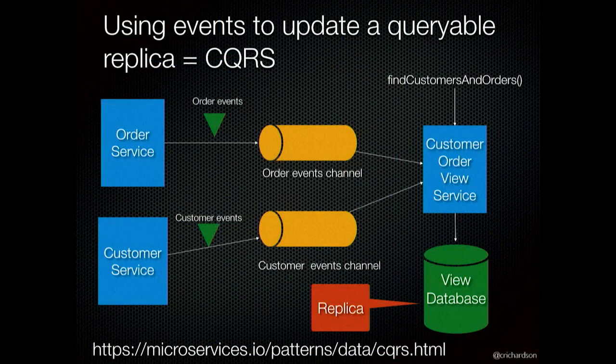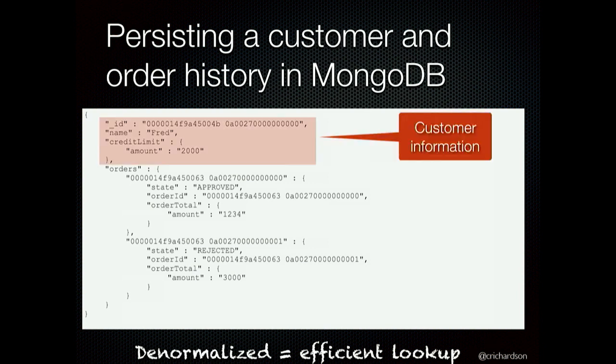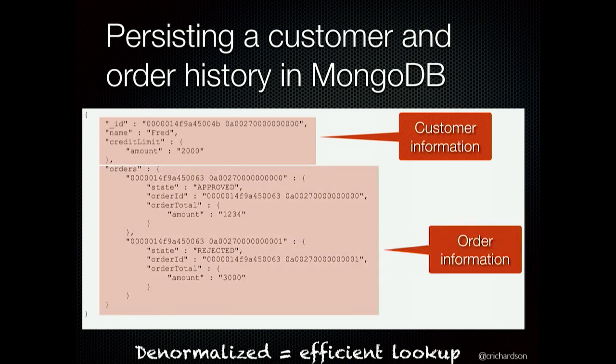So in the case of orders and customers, you could, for instance, use MongoDB. Here's one of the examples I have where a MongoDB document is basically a JSON object. There's one MongoDB document for each customer. It has information about the customer, their name, their credit limit, etc. And it has information about their orders. So the customer information is kept up to date by subscribing to customer events.